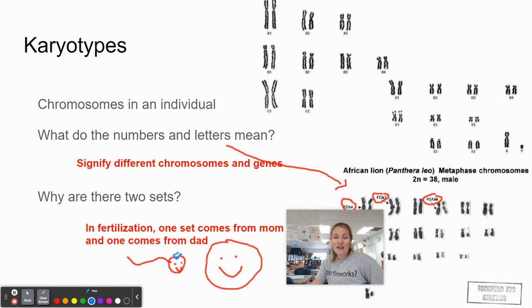And in the sperm is 1 copy of that chromosome, and in the egg is another copy of that chromosome. And when they come together to make a baby, we have 2 chromosomes. Yay!